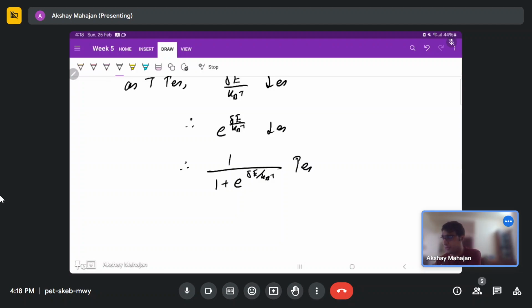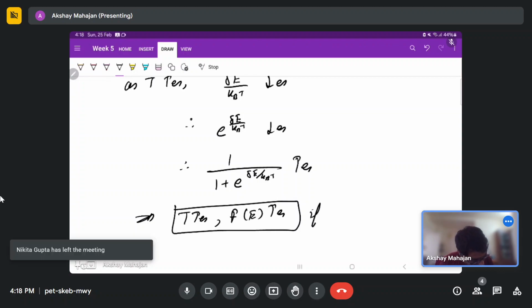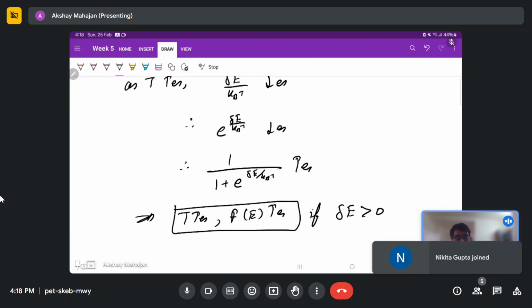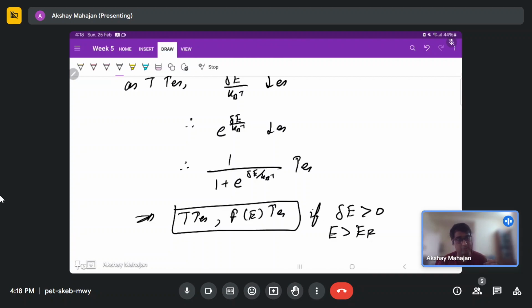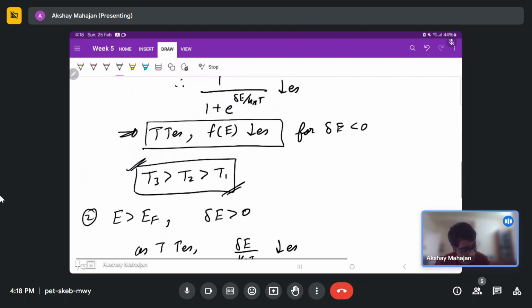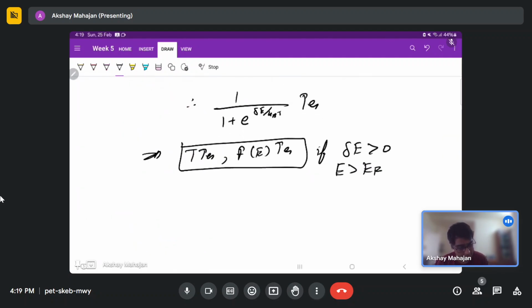So what we have derived is that as T increases, f of E also increases if del of E is greater than 0. For the range where E is greater than EF, as temperature increases, the Fermi-Dirac distribution increases, while for the range where E is less than EF, as temperature increases, the Fermi-Dirac distribution value will decrease.